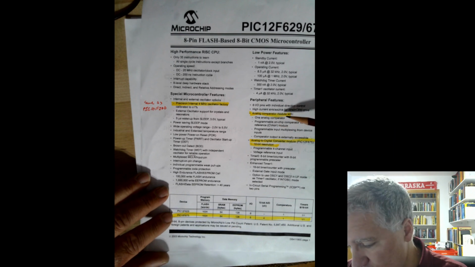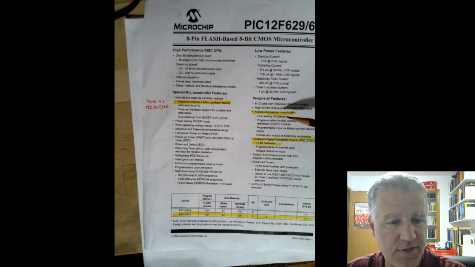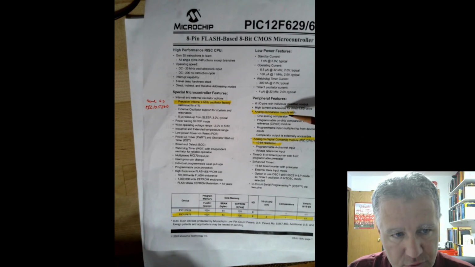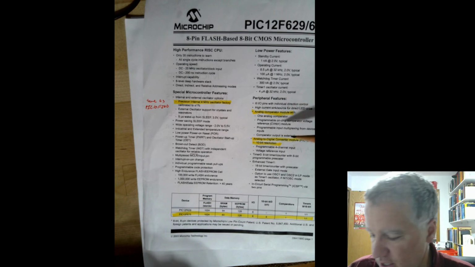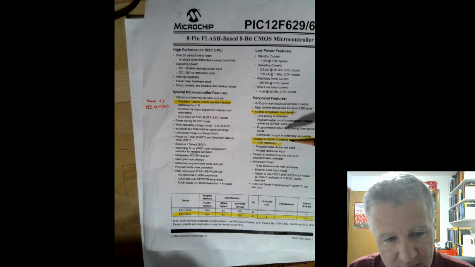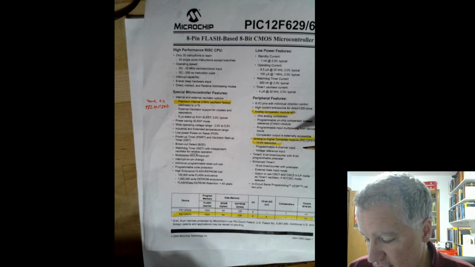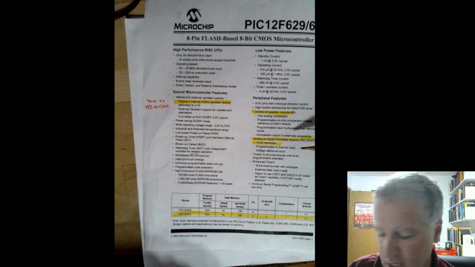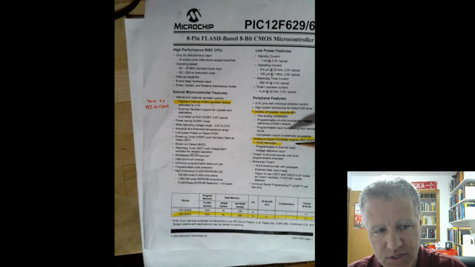Analog comparator, so in terms of lab use, very functional, both comparing two voltages, one to another, or comparing a voltage against a reference. So we'll be doing some labs there. Some analog to digital conversion. 10-bit is okay. It's not a 16-bit, of course, but better than an 8-bit, so not too bad.